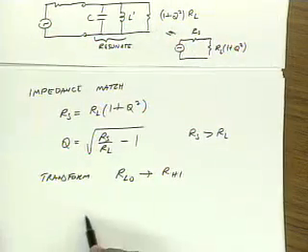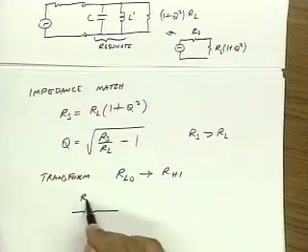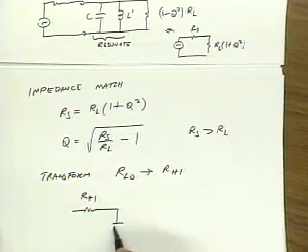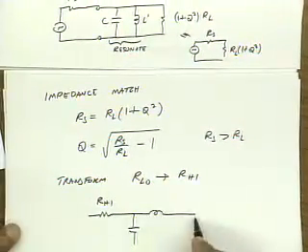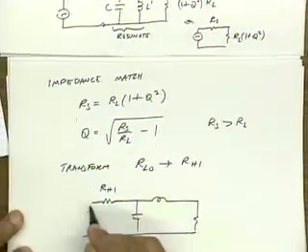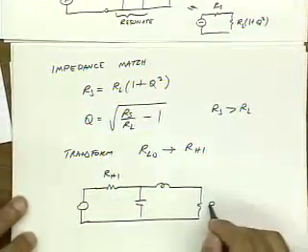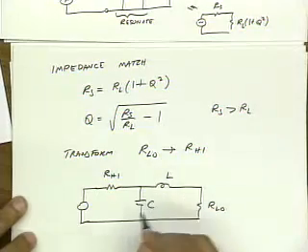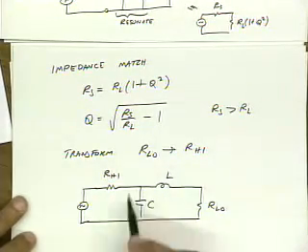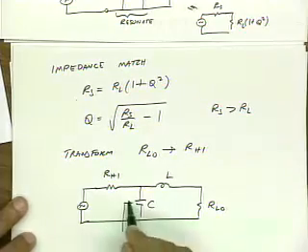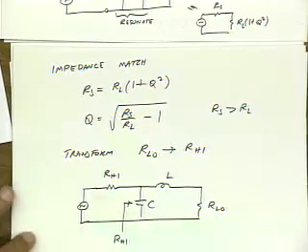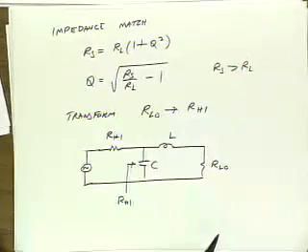In other words, if I redraw this, this is R low. The action of this L matching network is to transform this up so that from here I see R high. Okay?